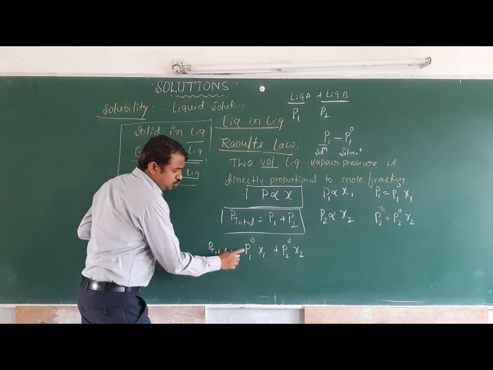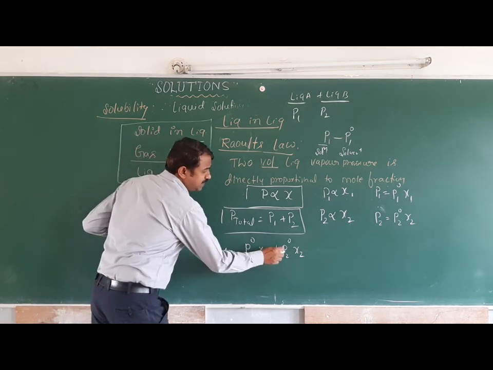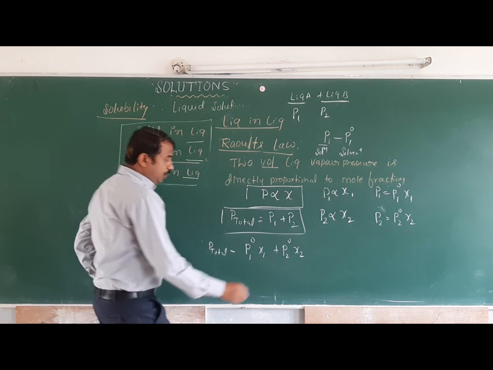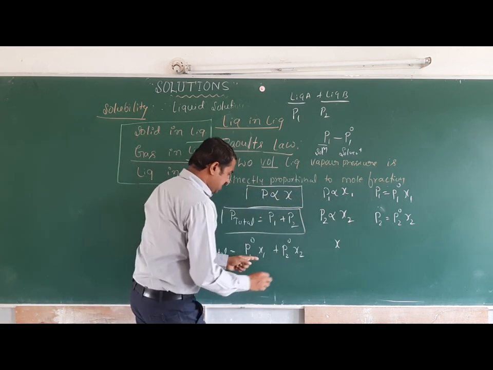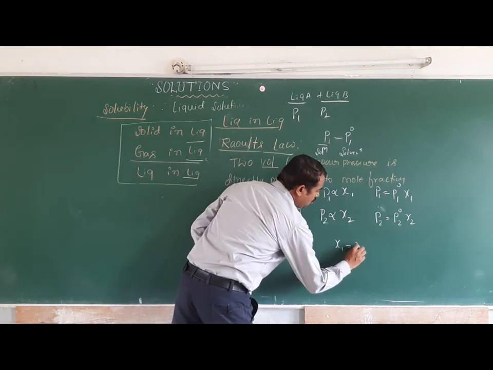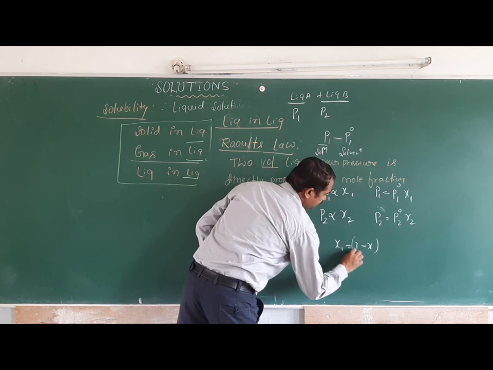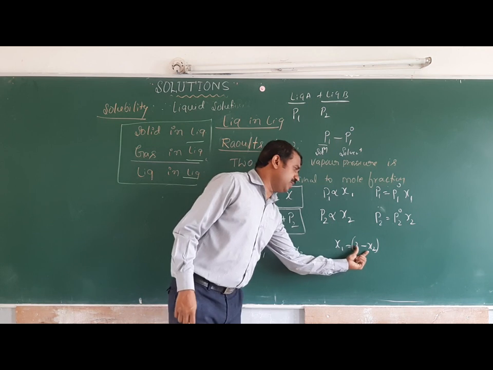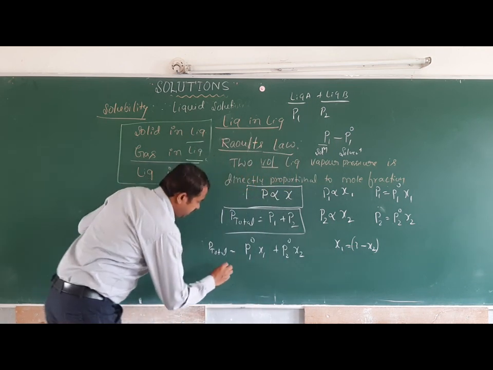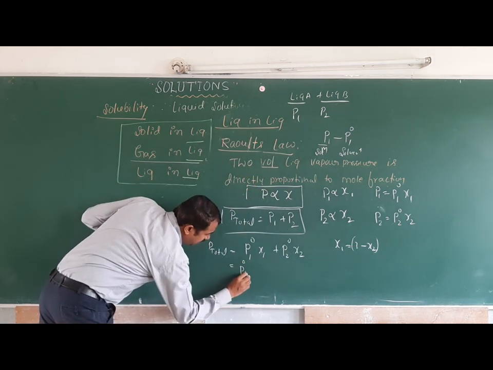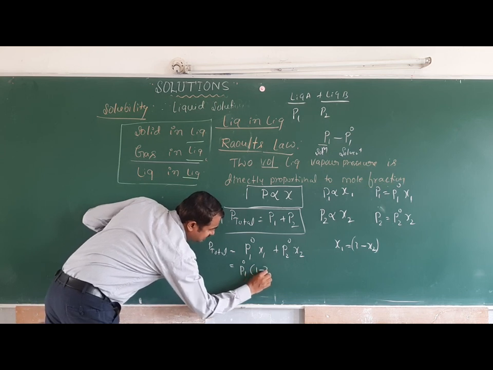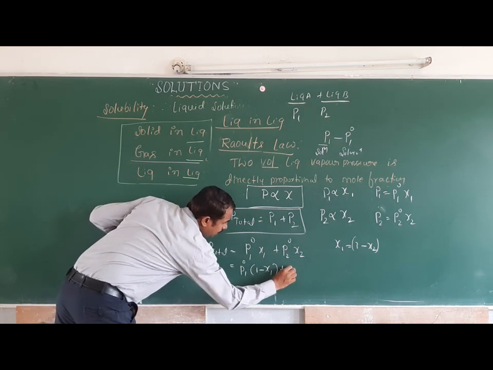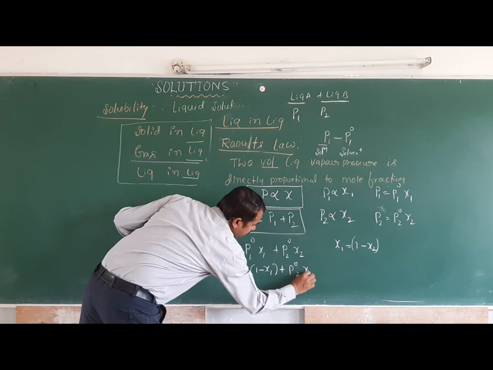Given that X1 equals 1 minus X2, the X1 value is 1 minus X2, so P total equals P01 into (1 minus X2) plus P02 X2.